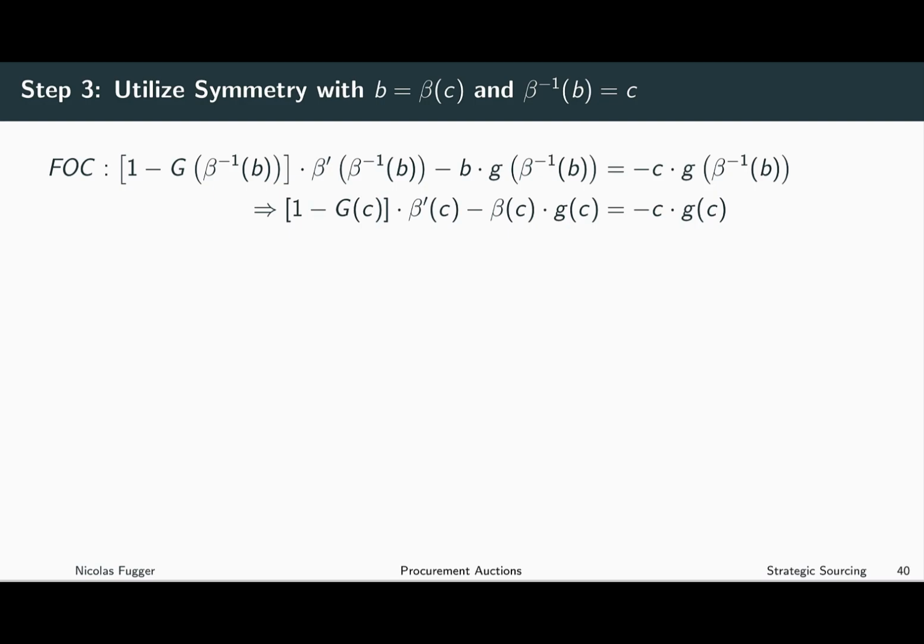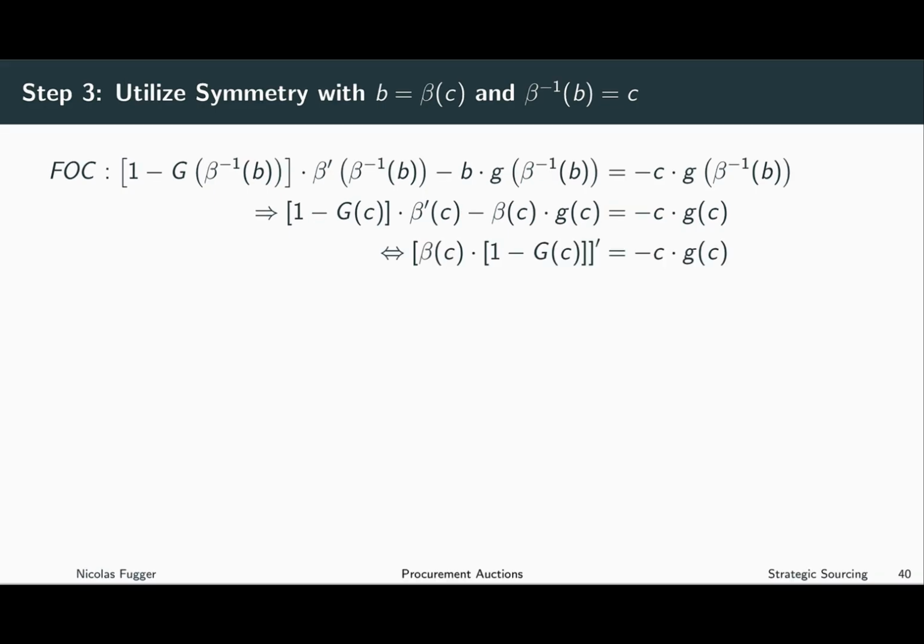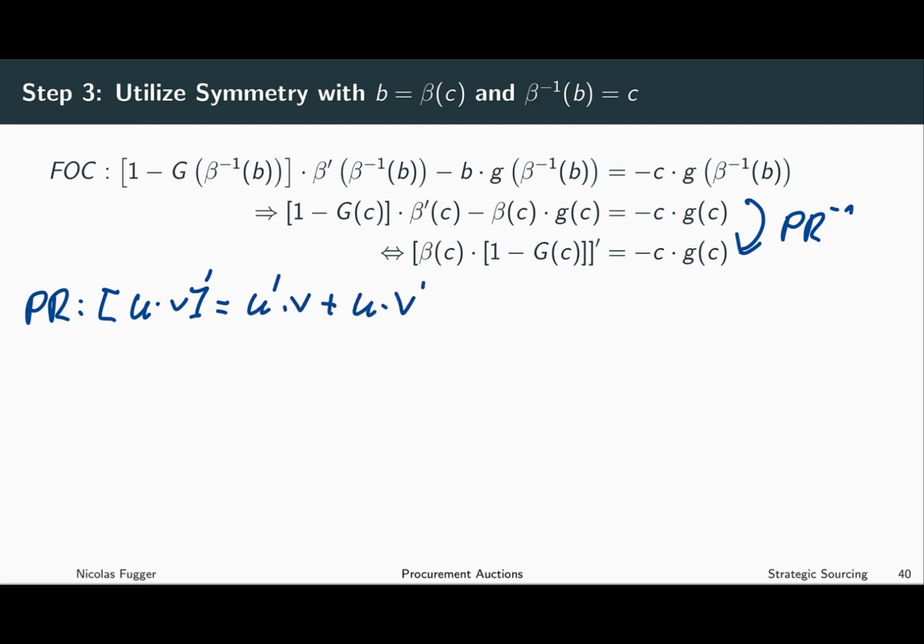To get to the new line, what we basically do is we inverse the product rule. Remember, the product rule said that the derivative of u times v is equal to u prime times v plus u times v prime.